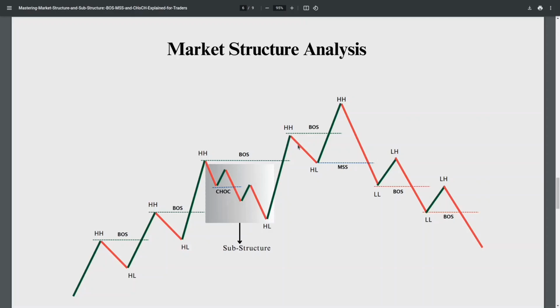So price broke this point, formed a high still, pulls back to this point, and still breaks another high. Here is still a break of structure. Then this point here becomes our key level.